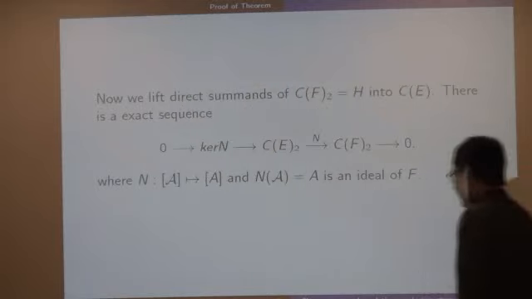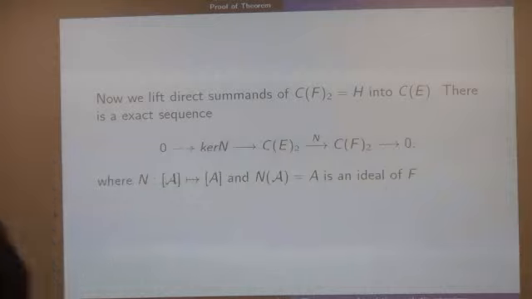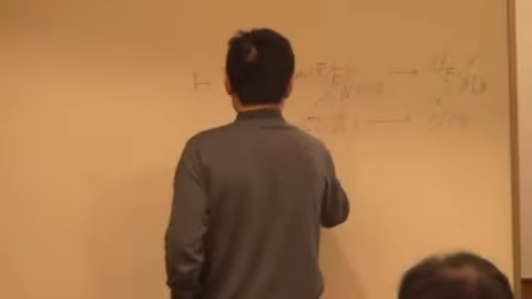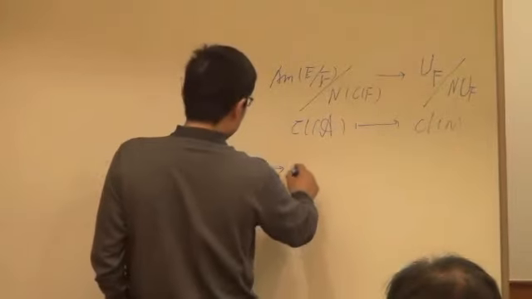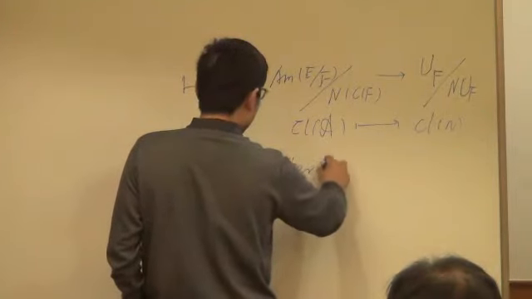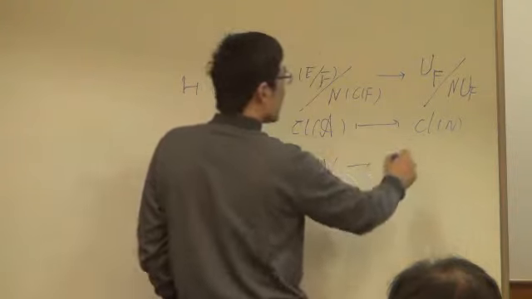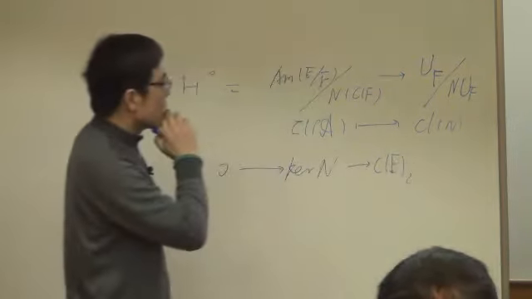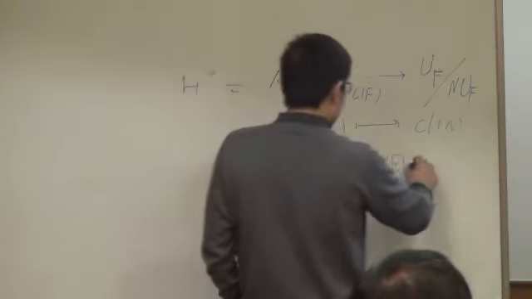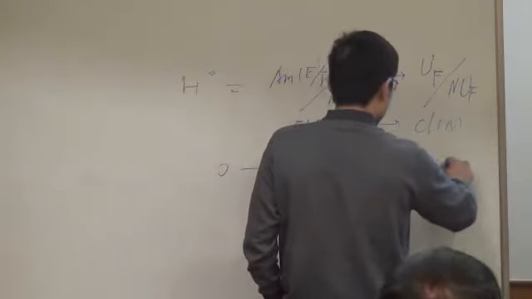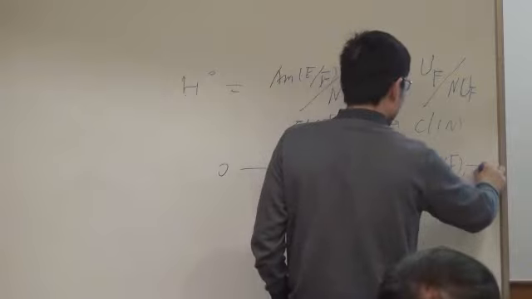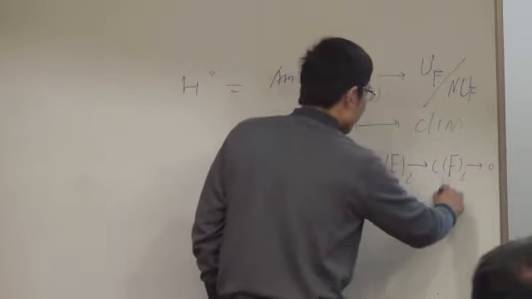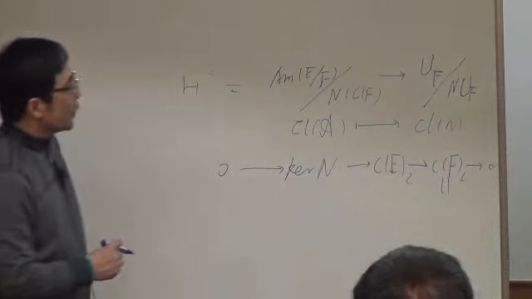Good, these things, when this paper's keyword is these things. We need to use this exact sequence, 1 minus 1, equals kernel N equals CE. This is the two Sylow subgroup, and also CF two Sylow group. This CF is a two elementary group.